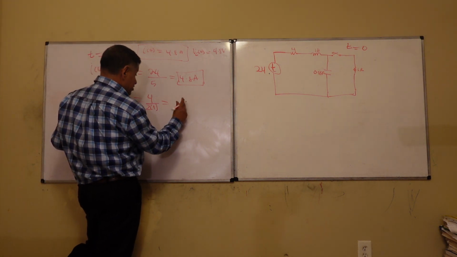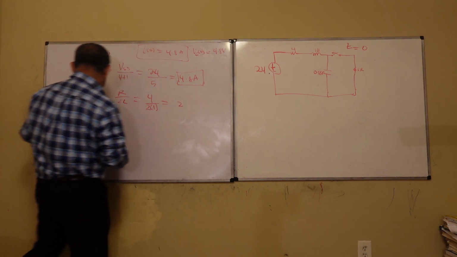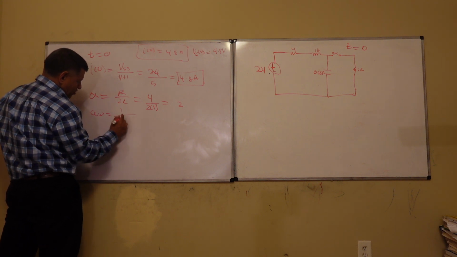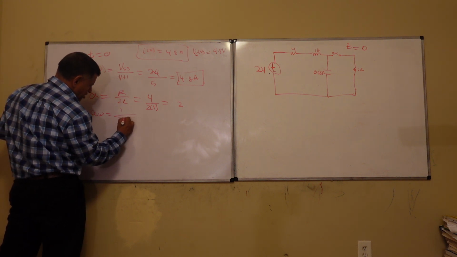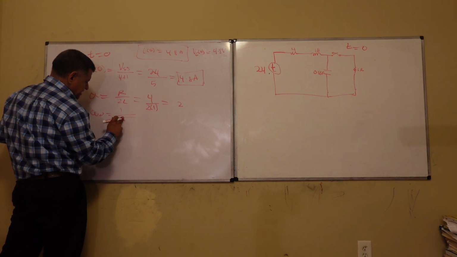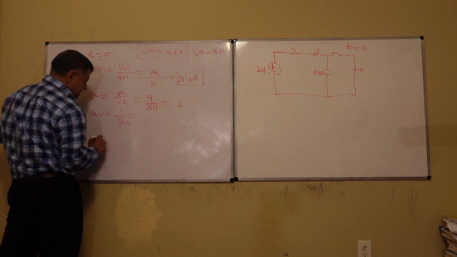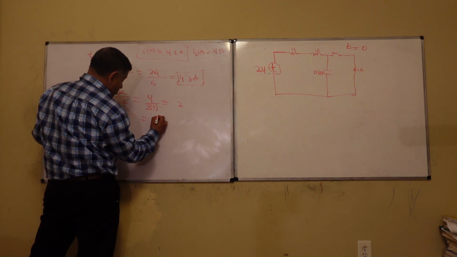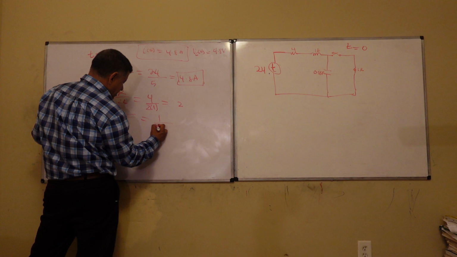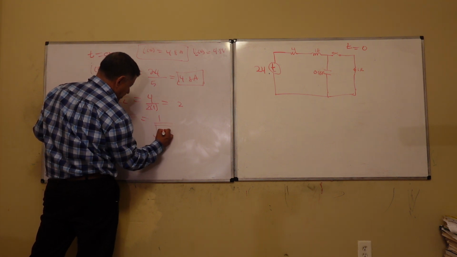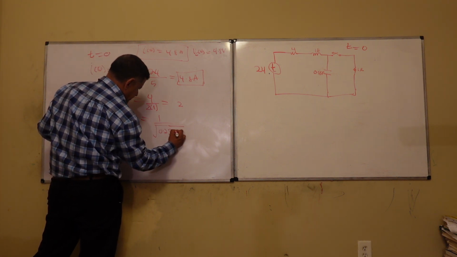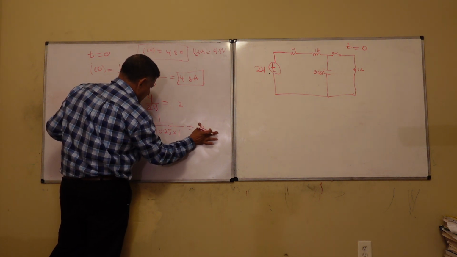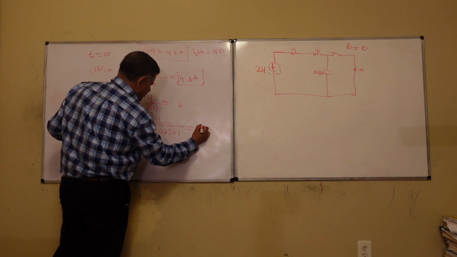So alpha is equal to 2, and then omega naught is going to be equal to 1 over the square root of LC, which is equal to 1 over the square root of 0.25 times 1, which is equal to 2.